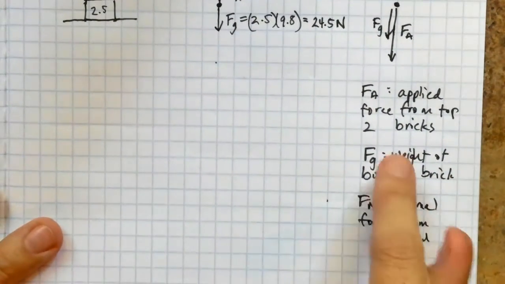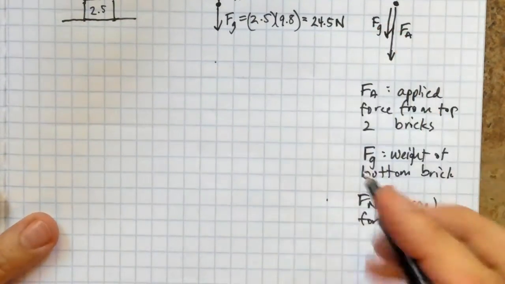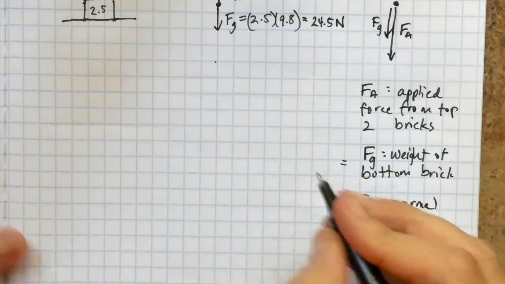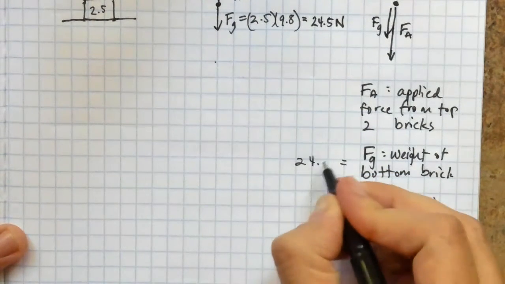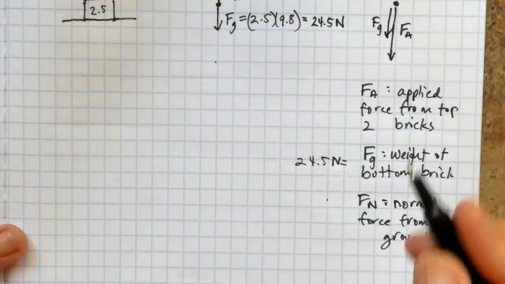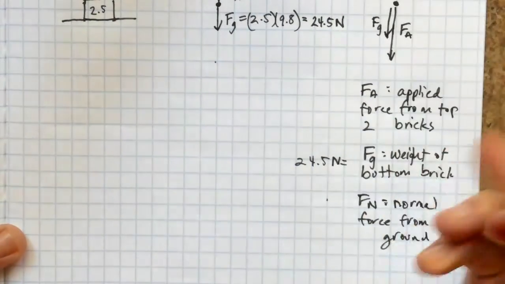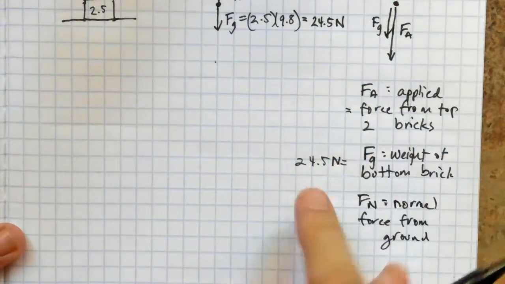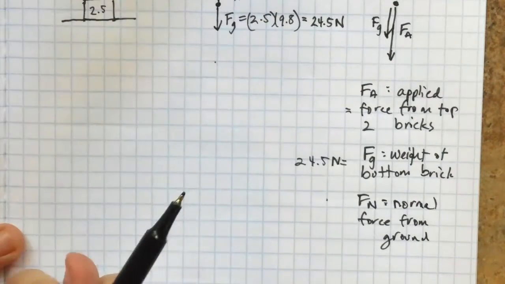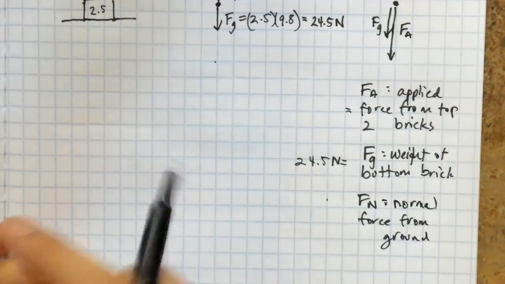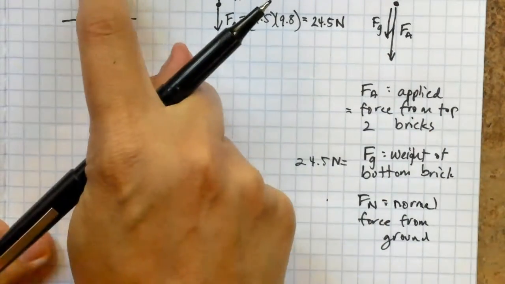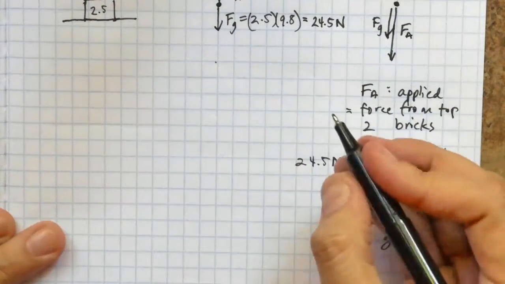Okay, so let's put some values on these. We know that the force of gravity for just the bottom brick is going to be 24.5 newtons. And the applied force from the 2 bricks above it will be twice 24.5. In other words, it's going to be equal to the weight of those top 2 bricks.